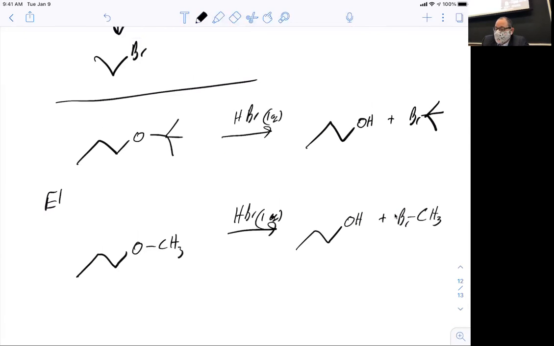In the first step, we have the possibility of an E1. And anytime we have a possible E1, and it turns out in this case, because of the HBr, the conditions, that's the driving force. So if we think about it, we protonated this and we have this tertiary group. Because we have the tertiary group, we can get, I'm sorry, not E2, I keep getting those messed up, an SN1 type process.